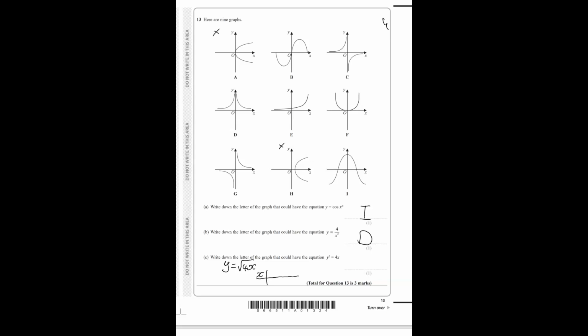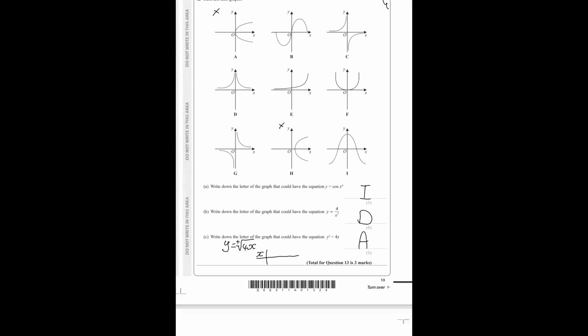Let's have a think. What happens when x is 0? It's not shifted along because 4 times 0 is 0. Square root of 0 is 0. So there you go. It's actually A. Okay, just by working through it, realising the values you could have and you may not have. And you've obviously got 2 values that are identical, 1 plus, 1 negative, because you've got this plus and minus when you square root.